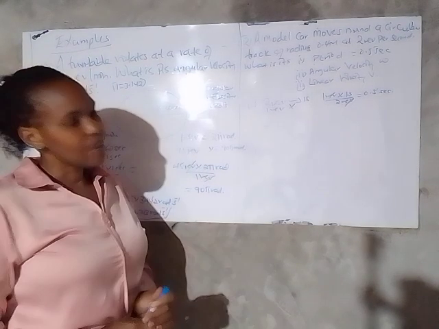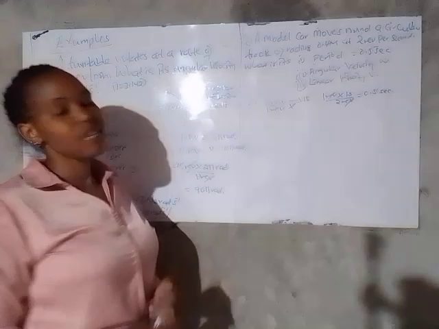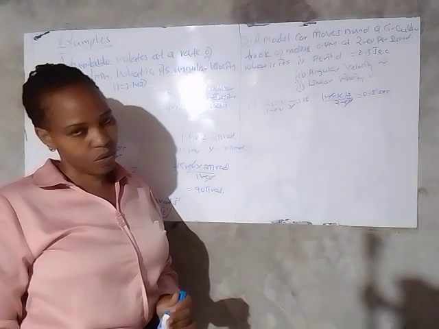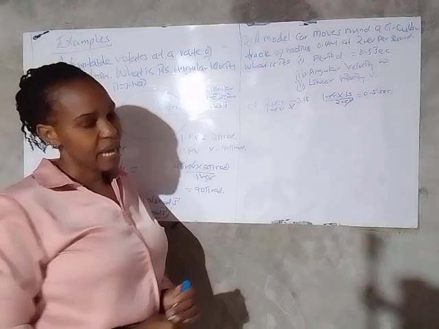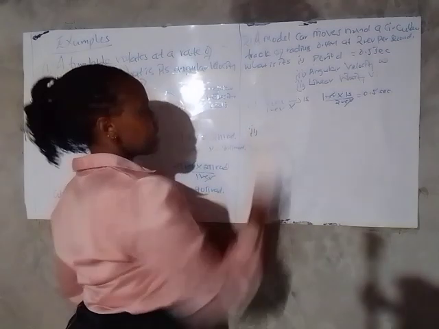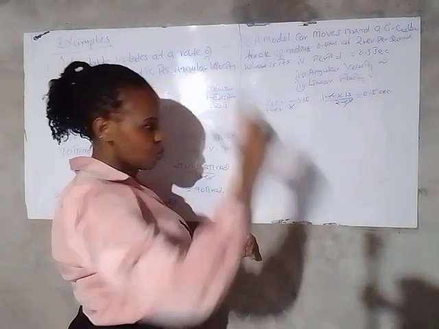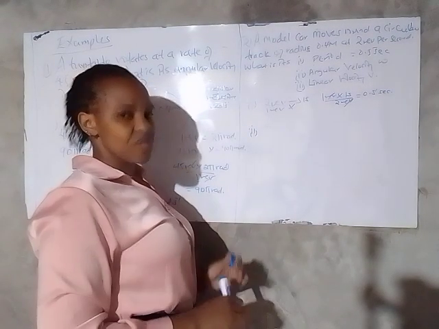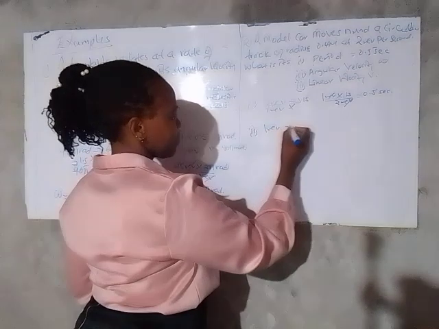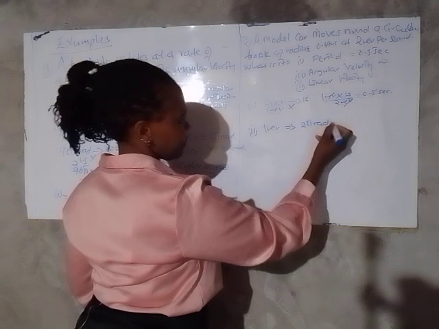(ii) Angular velocity omega. We have said angular velocity is given in radians per second. So for (ii), it is taking 2 revolutions in 1 second. And we know 1 revolution is 2 pi radians.